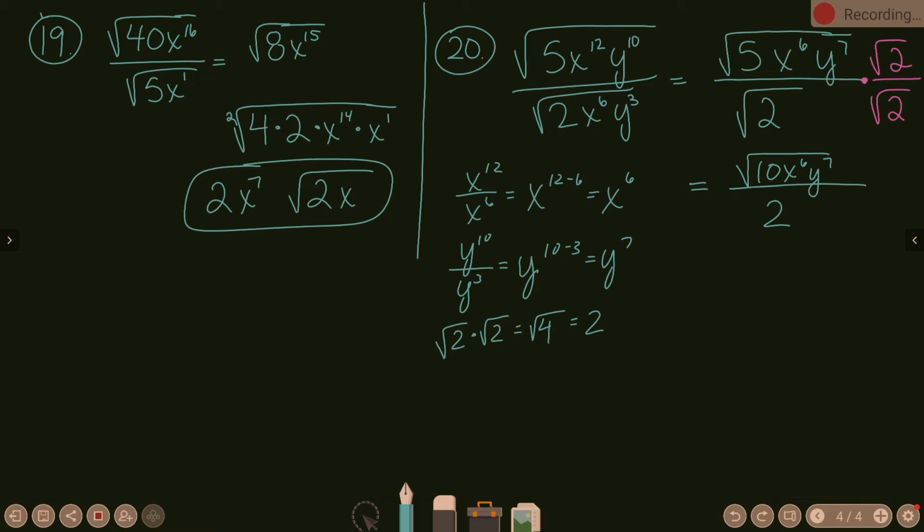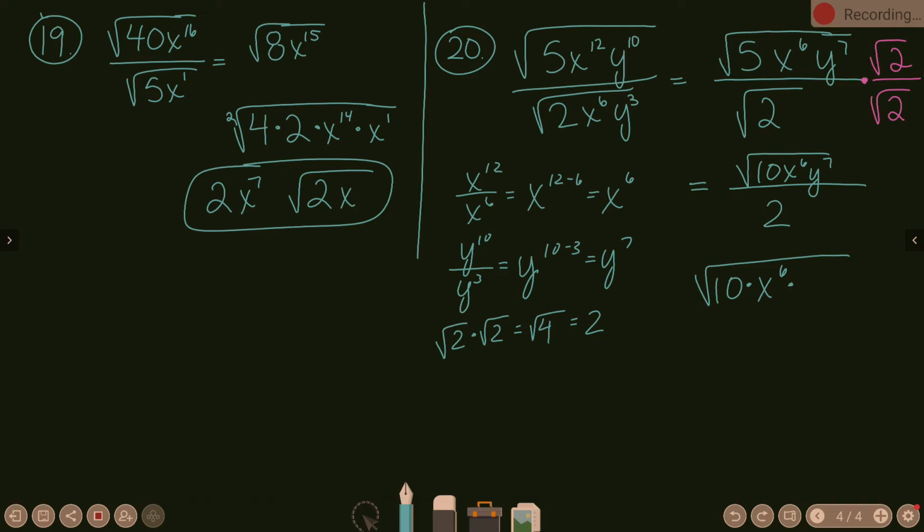Are there any perfect squares in my variables? Are there even variables that I can divide 2 by, right? So I'm going to rewrite this out. 10 is staying 10. I'm going to break it into pieces. X to the 6th, am I going to be able to divide that by 2? Yeah, so I'm just going to leave it as x to the 6th.